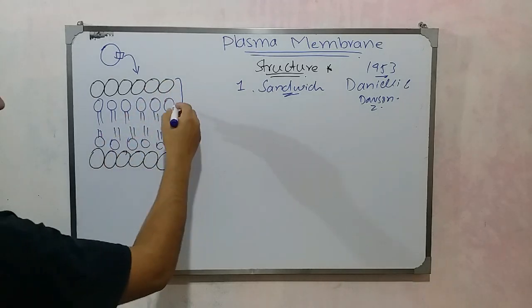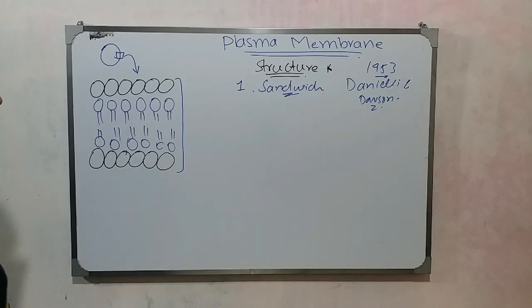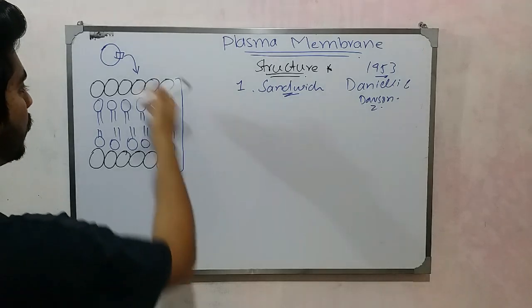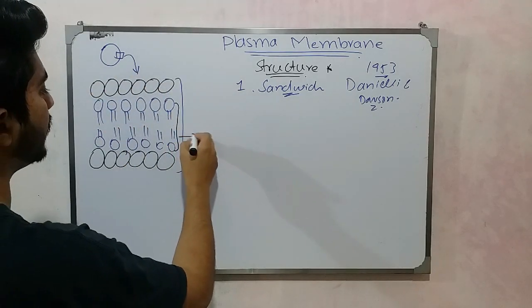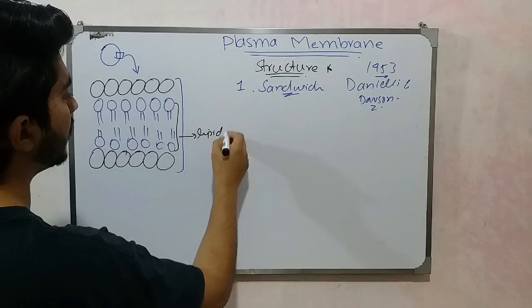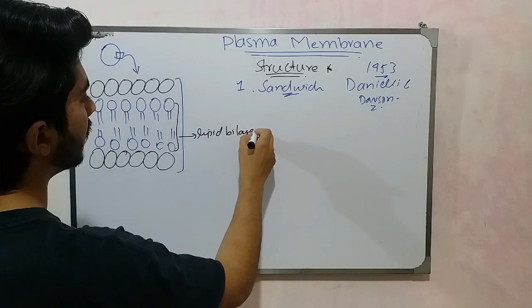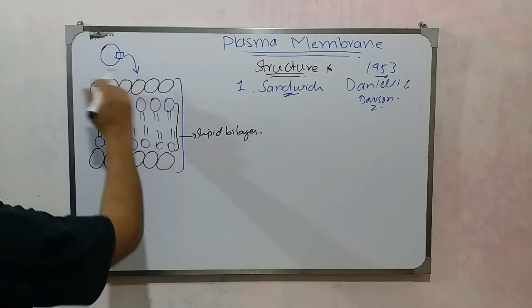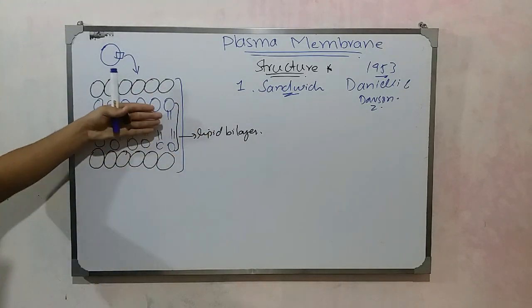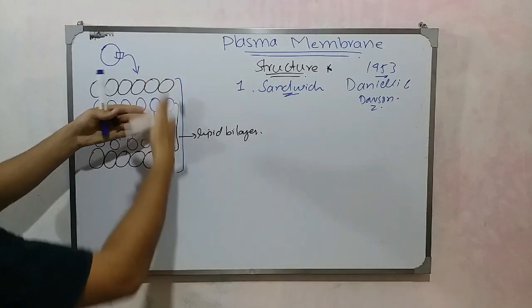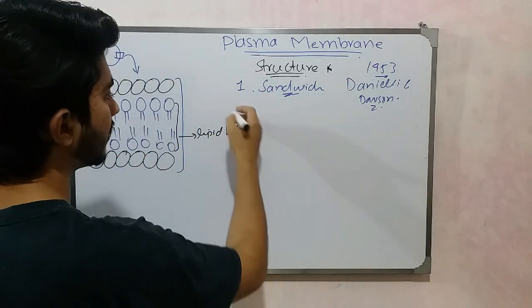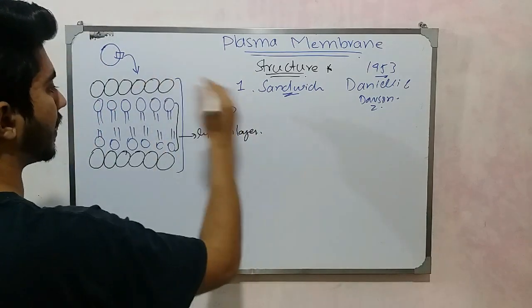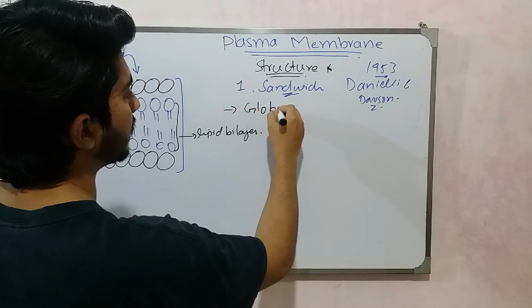Number one is the lipid bilayer that is present inside, sandwiched between two protein layers. These are the lipid bilayer, and two layers of proteins are present on either side of the lipid bilayer. But here Danielli and Davson told us the proteins present in them are globular proteins.